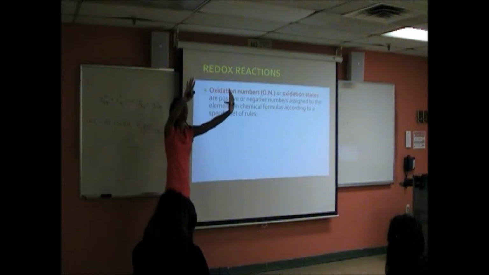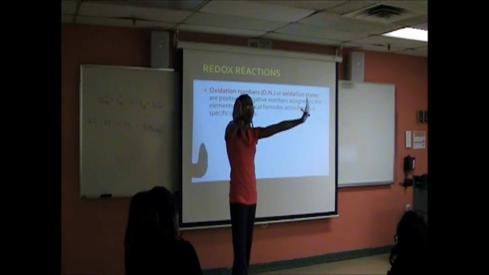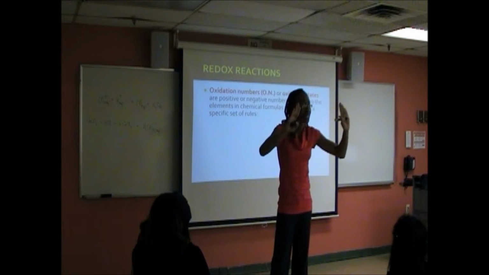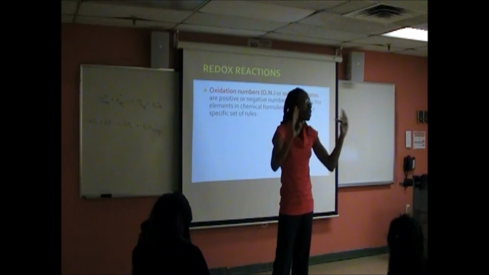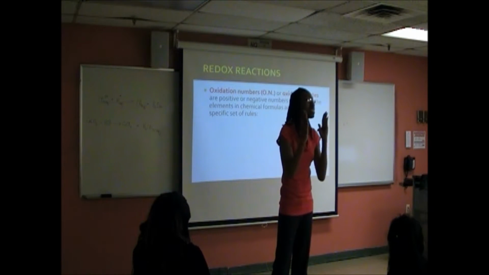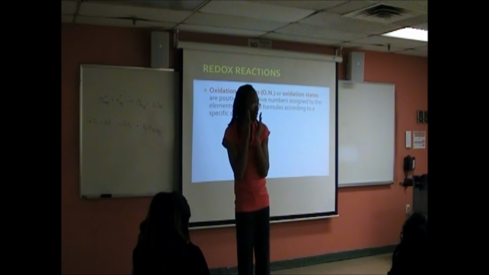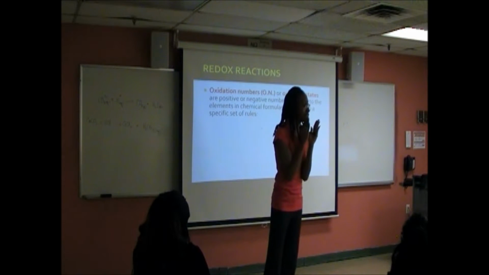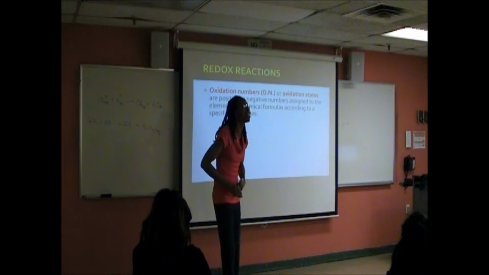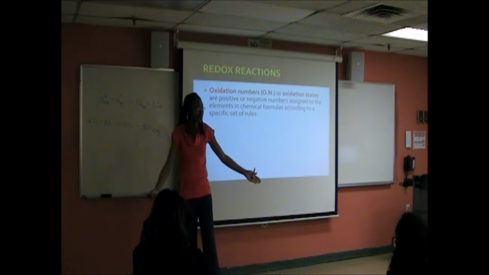Now, I'm going to preface my rules. My oxidation numbers sometimes will resemble your charges. Sometimes. Why is all of this exceptional in science class? Because there are exceptions in life.